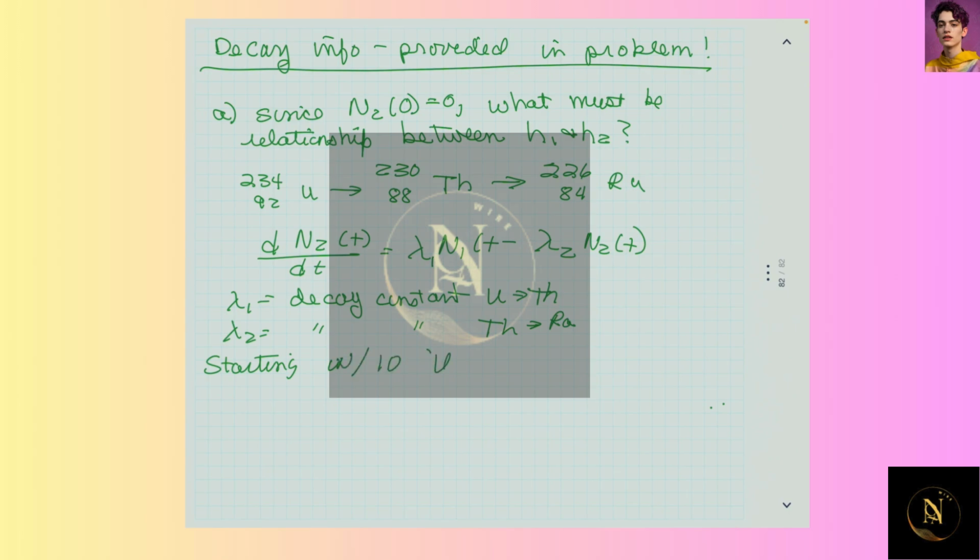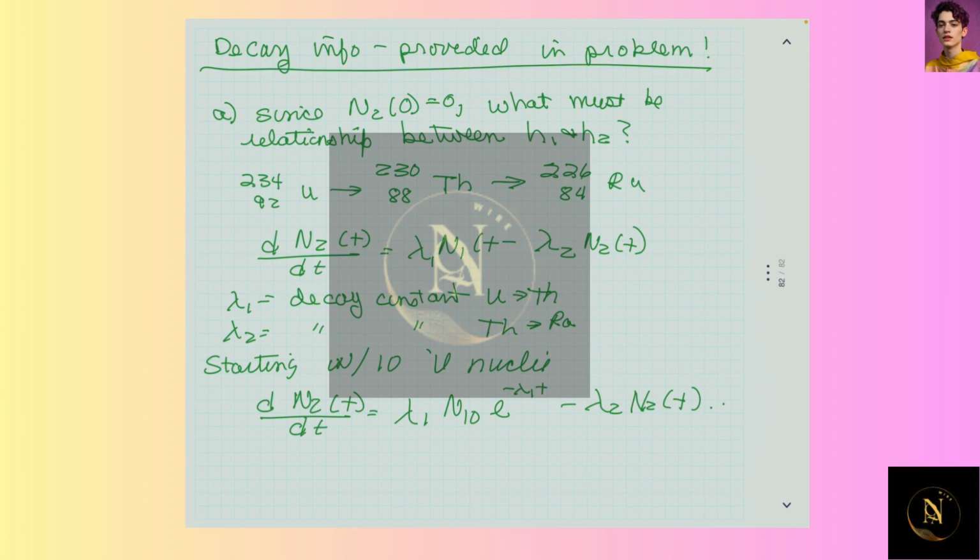10 uranium nuclei. Okay, we can do this. We can describe the number of nuclei as N2. Okay.